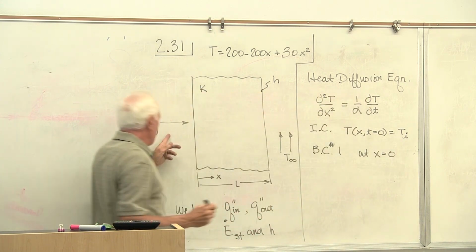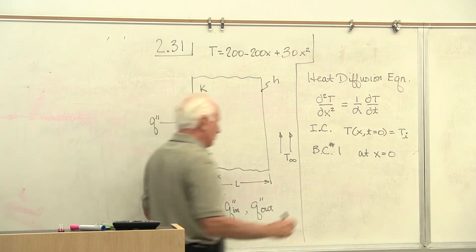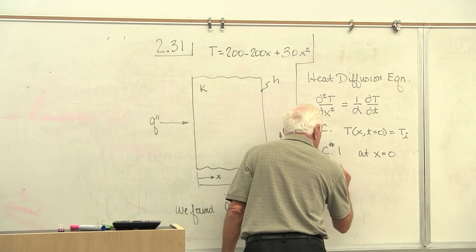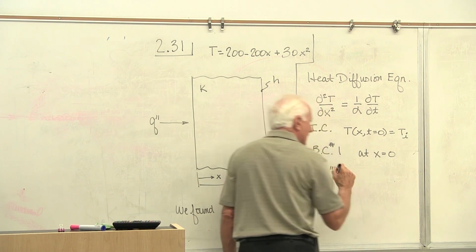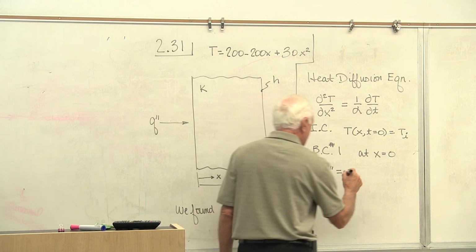The amount of heat that comes in from the heat source, Q double prime, heat flux coming in, is taken away by conduction at x equals 0.